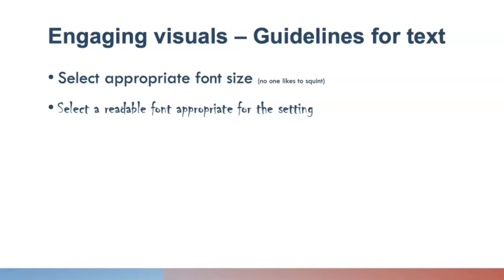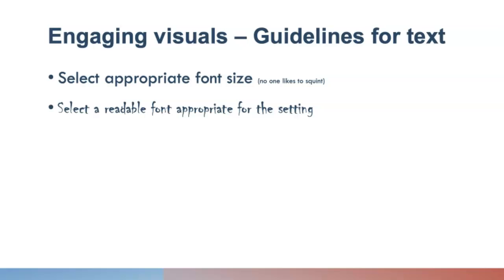Select text that is readable, and select a font that is appropriate for the setting and the occasion. This font may be appropriate for a Halloween presentation, but the font in the second bullet point is extremely hard to read. Keep in mind that not everyone has the same visual abilities.